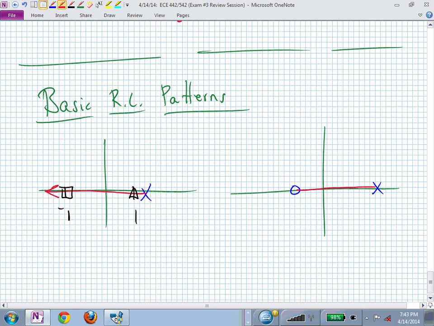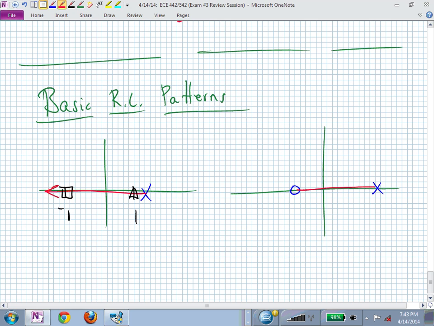How many root locus branches are there? Is there a breakaway point? How many infinite zeros do you have? Where are your asymptotes? Where are your angles of departure? What are the angles of departure? They don't exist the way we define them, do they? We don't have any complex poles.